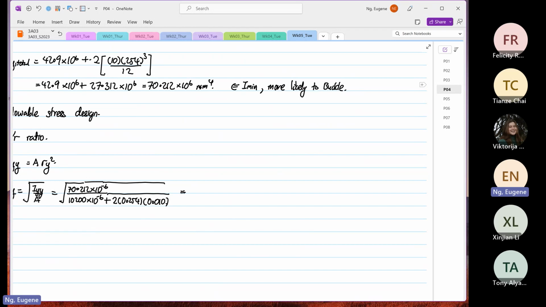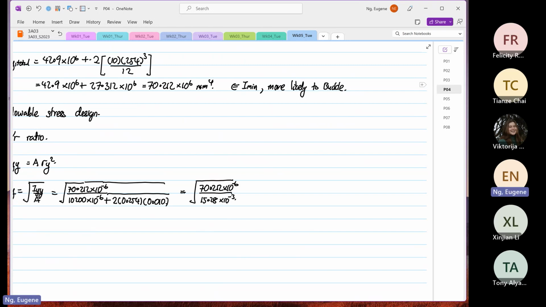So this will be equal to the square root of 70.212 times 10 to the power minus 6 divided by 0.254 times 0.01 times 2 plus 10200 times 10 to the power minus 6, which is equal to 15.28 times 10 to the power minus 3.